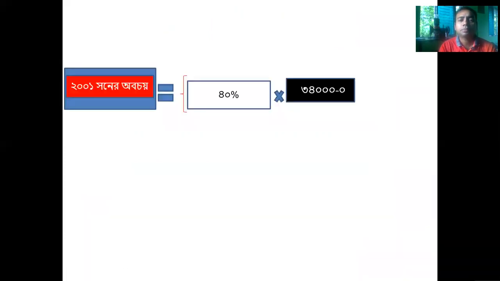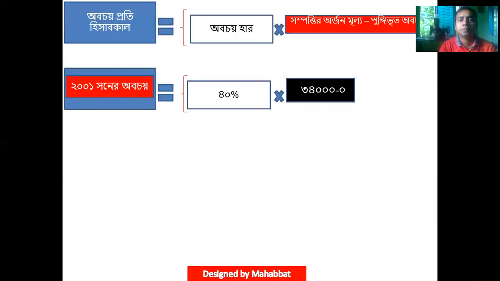So now, what will be the formula for it? We know very well the depreciation per period is equal to depreciation rate into acquisition cost of the asset minus accumulated depreciation.